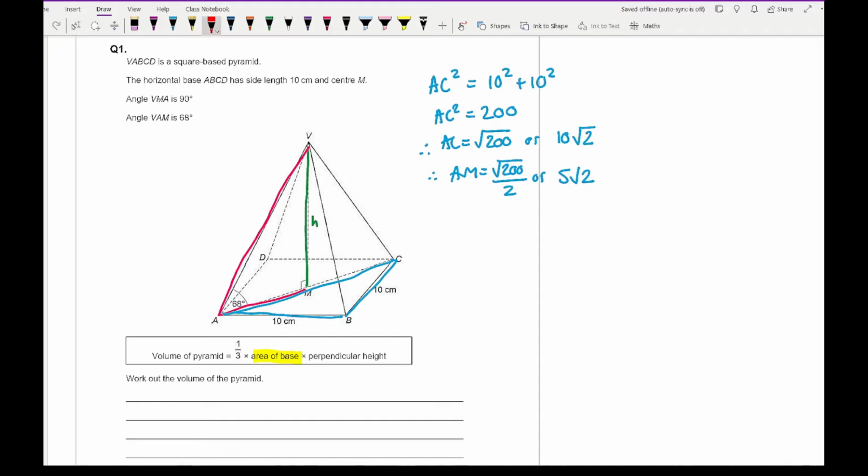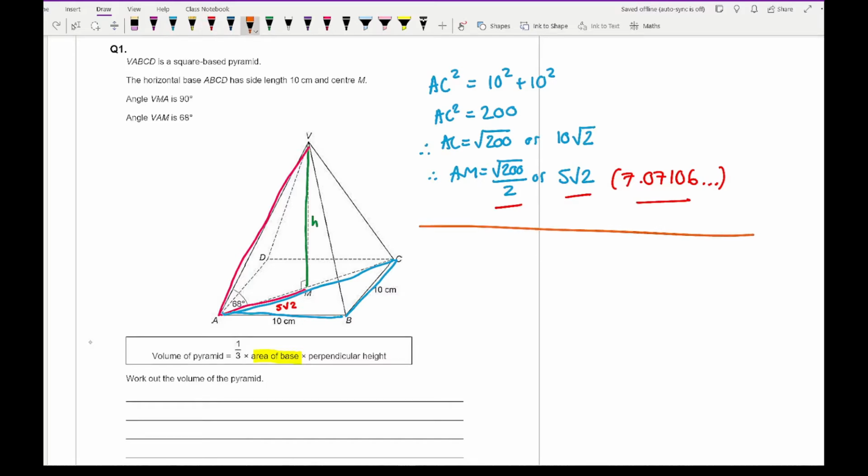But it's not impossible for me to work out what 5 root 2 actually is as a decimal, because again it's going to be a calculator question, and that gives me an answer of 7.07106, and that number continues. So you can use any of these three numbers as A to M. I'm just going to label it as 5 root 2 because I want to keep a level of accuracy.